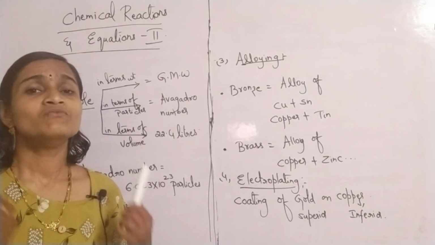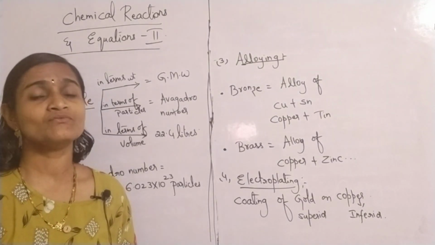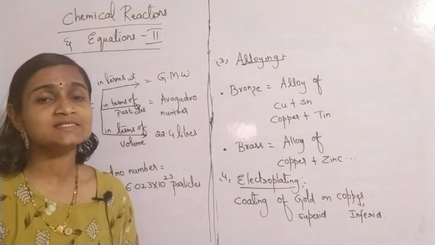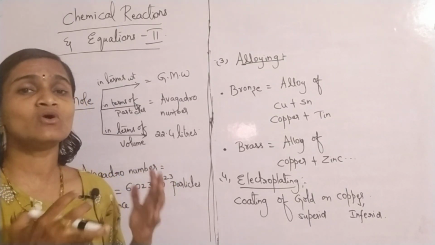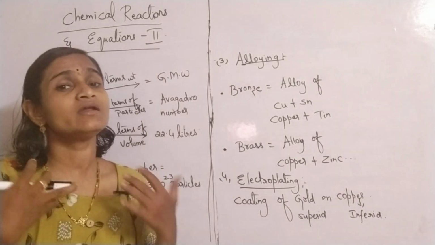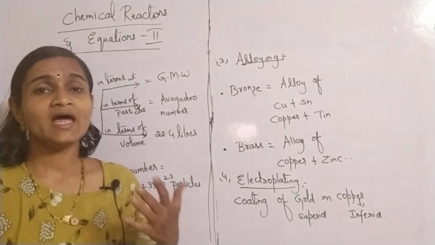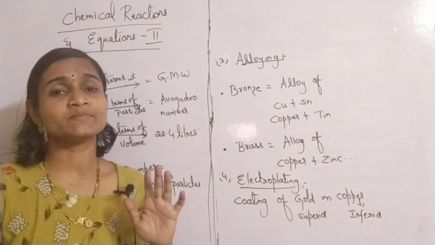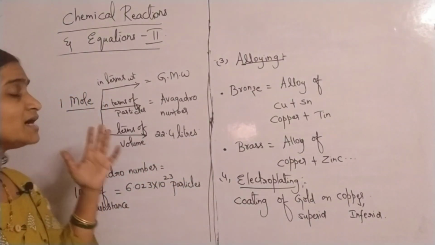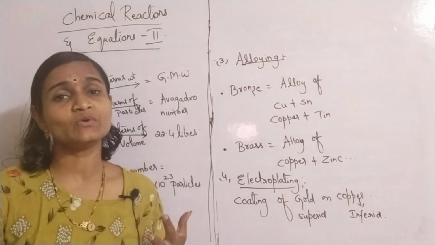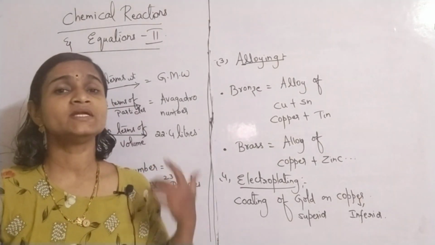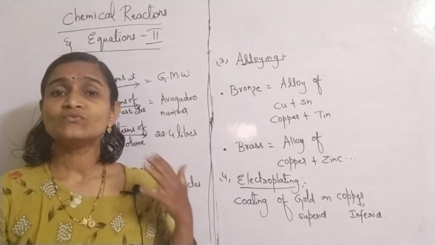If the weight of 1 mole of any substance is asked, you have to calculate the gram molecular weight of that element or compound. That will be for 1 mole of the substance only. In terms of particles, it is equal to the Avogadro number. And in terms of volume, it is equal to 22.4 liters.